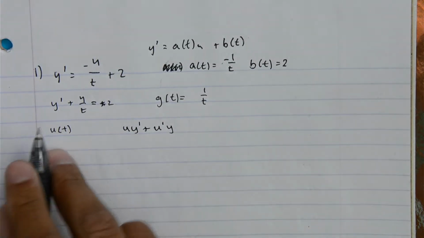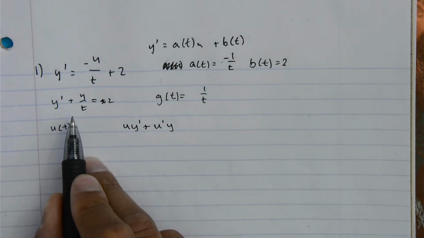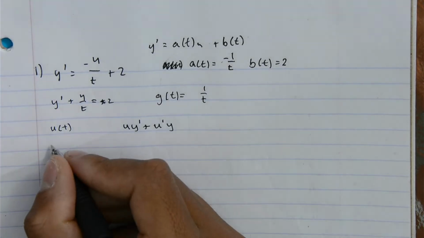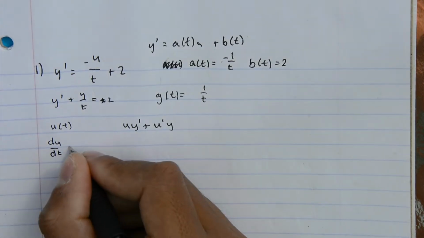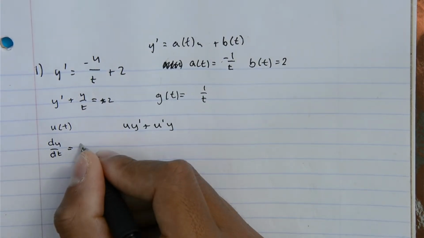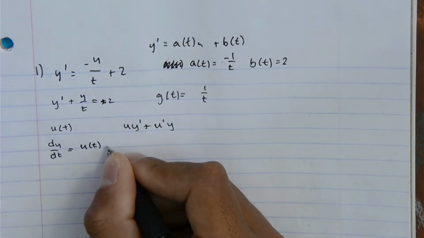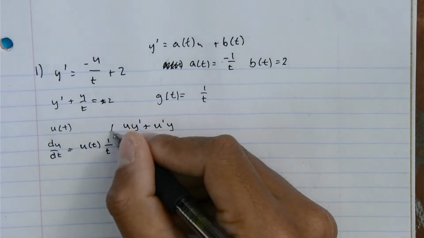And the way that we find u is we need du dt to be equal to u of t times 1 over t, because this is g.